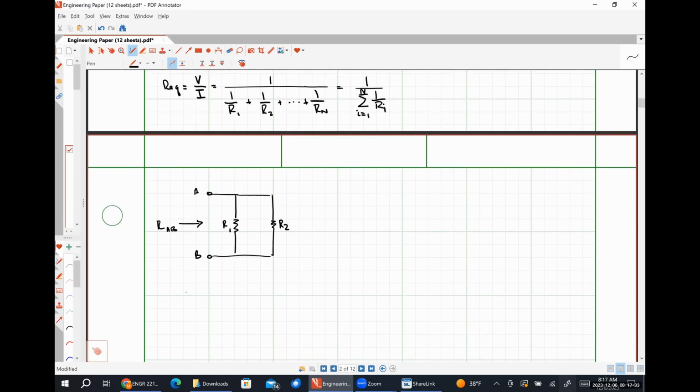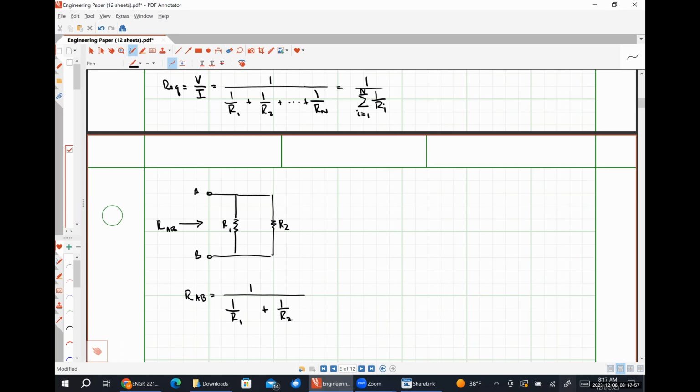So we just learned that RAB should be equal to 1 divided by 1 over R1 plus 1 over R2. That is absolutely correct. And if we wanted to, we could leave it like this all day.